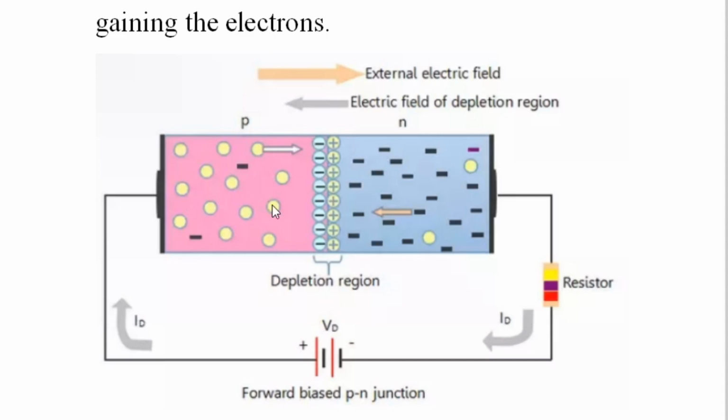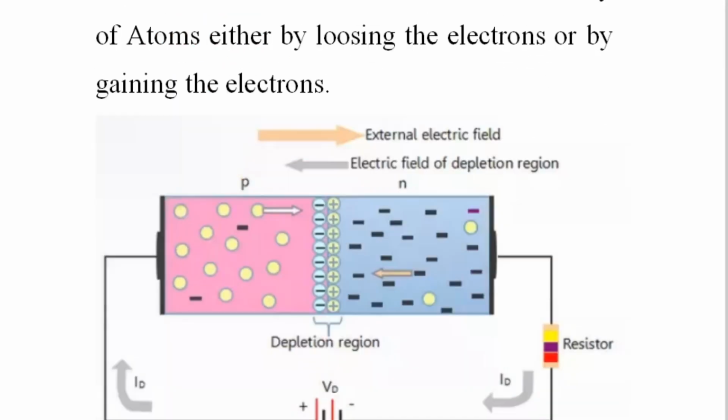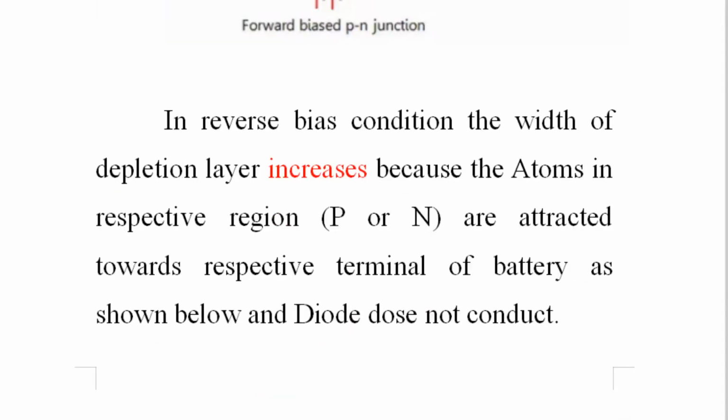And when the requirement of electron is satisfied, that atom becomes stable, and interatomic distance is decreased. Therefore it is said that in case of forward bias condition, the width of depletion layer decreases. So that is the explanation for that.